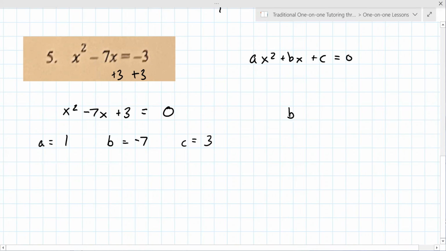Now, we want to calculate b squared minus 4ac. Whenever b is negative, and it's negative in this case, you want to put it in parentheses. And then you have 4 times 1 because a is 1 and c is 3. What is -7 squared? What is -7 times -7?